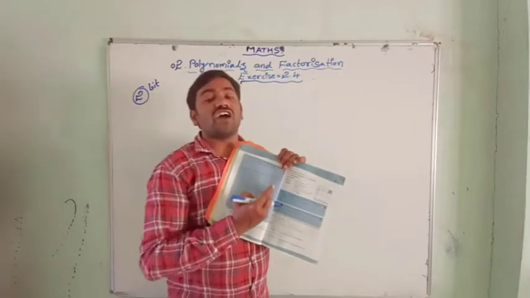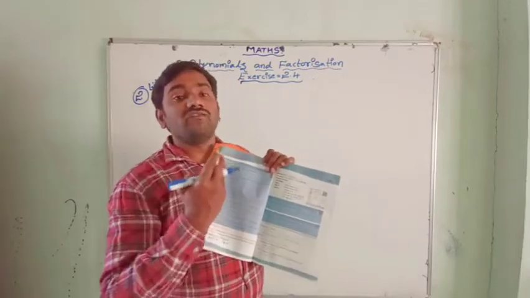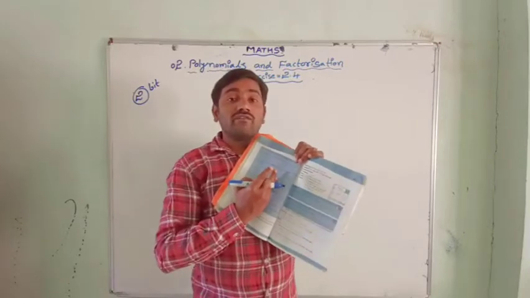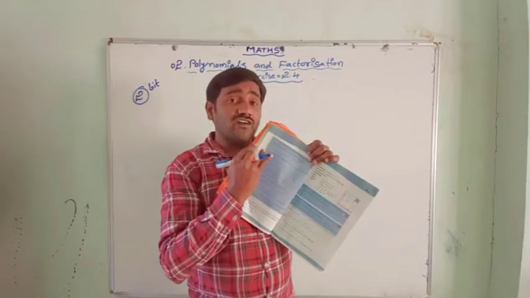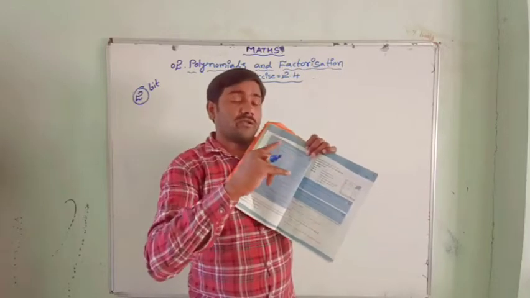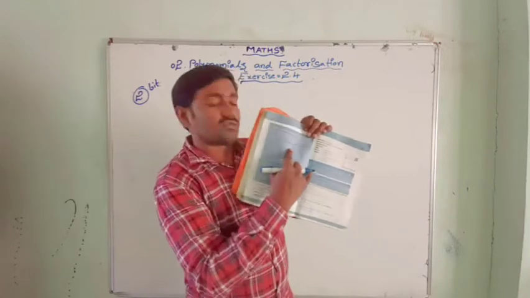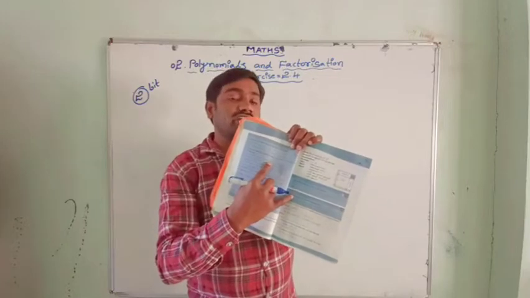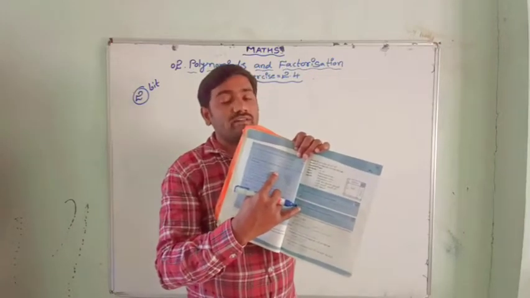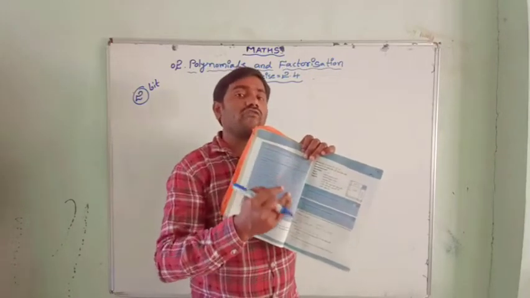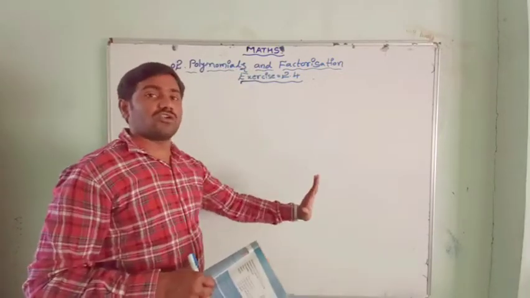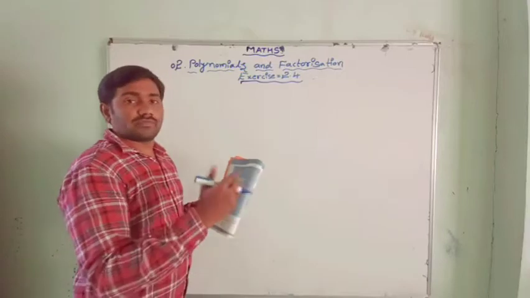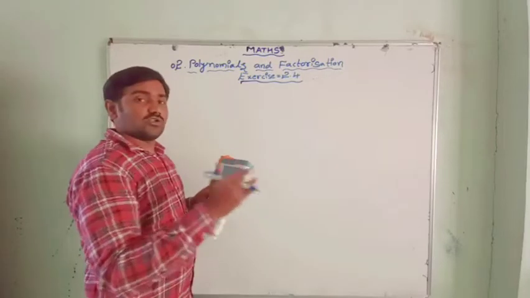If g of x is a factor of f of x, where g of x equal to x plus 1, then f of minus 1 is equal to 0. You should not get any remainder, it should be equal to 0. When you solve, you have to get 0, then only it will be a factor.